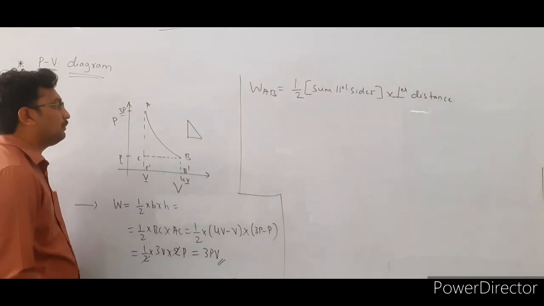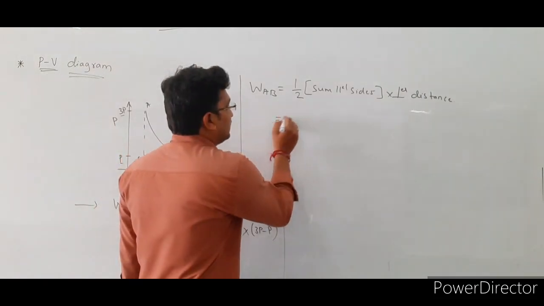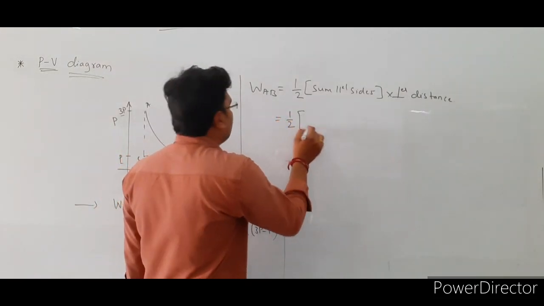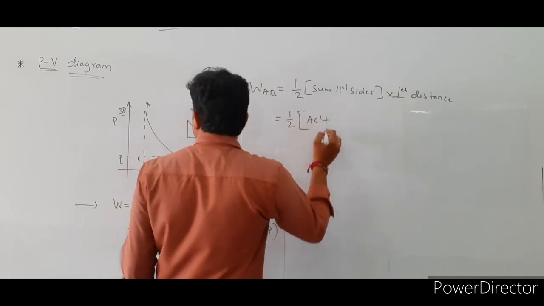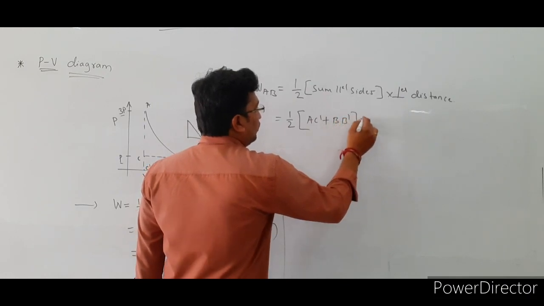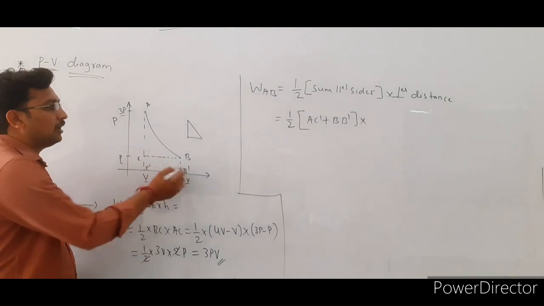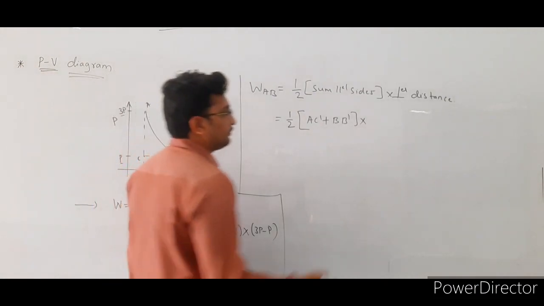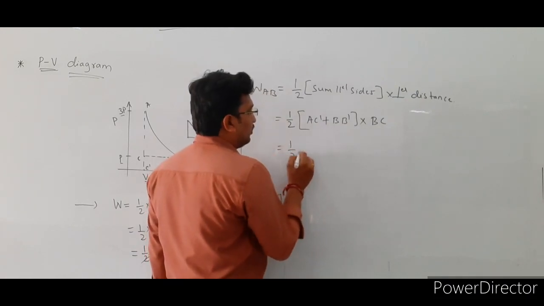Then the sum of parallel sides is AC dash plus BB dash. This is equal to 1 by 2 into the sum of parallel sides, AC dash plus BB dash, into the perpendicular distance. The perpendicular distance is BC or B dash C dash. This is equal to 1 by 2 as it is.